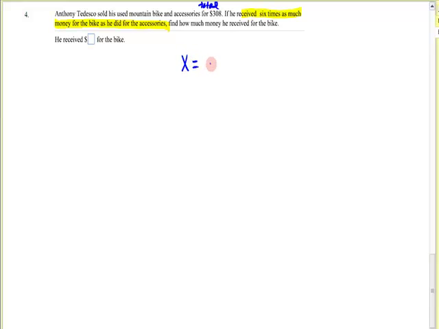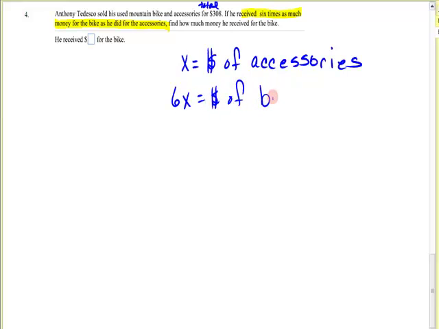That means I'm going to let x be the cost of accessories, and 6x will be the cost of the bike. The total amount of money he got, total means add, so x plus 6x is 308.